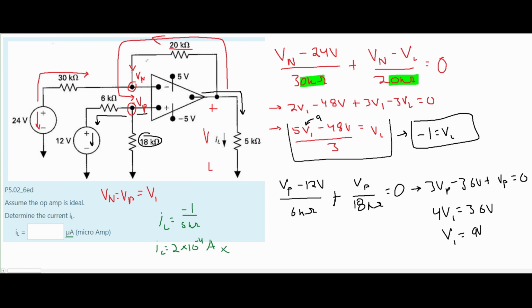To convert this, we'll have 1 micro, which is 10 to the negative 6th. We'll flip this on the top, and then we're going to get 10 squared. 2 times 10 squared means that I is equal to 200 amps. I'm sorry, microamps. And this is our answer, 200 microamps.